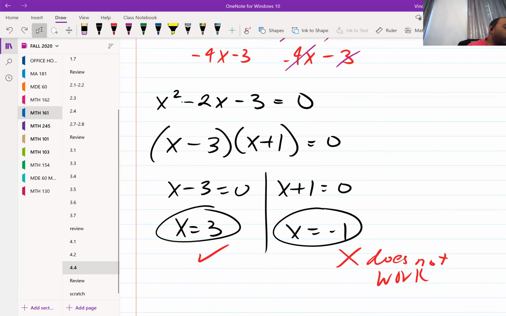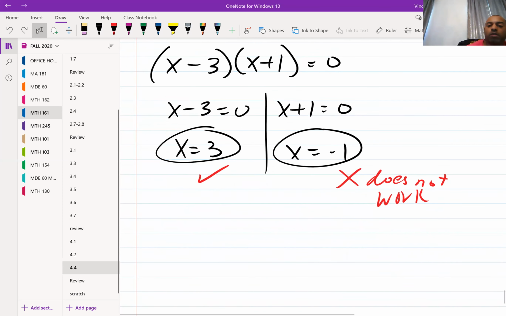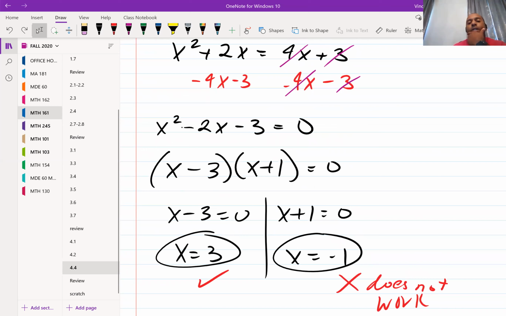X equal to negative 1 will not work for you. Questions, any questions? All right, so that's one of the examples. Questions on anything I've said?